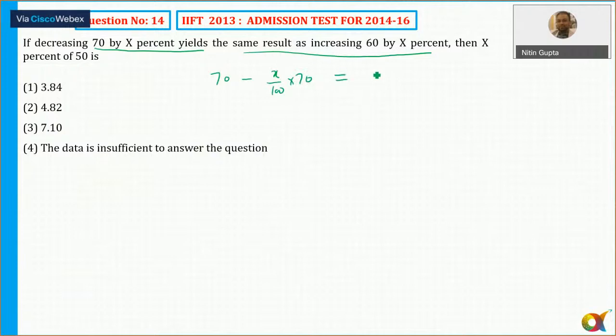Same result as increasing 60 by x percent. 60 को भी x percent से increase किया तो 60 plus nothing but, that is equal to 3. Calculate this, then x percent of 50 is, so I can find out the value of x. Solve karo it seems 70 plus 60 is equal to 1/3.